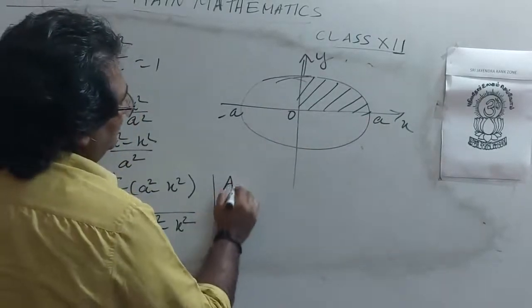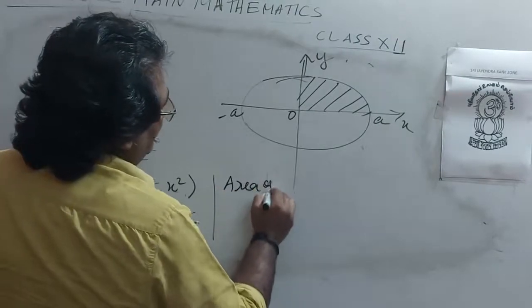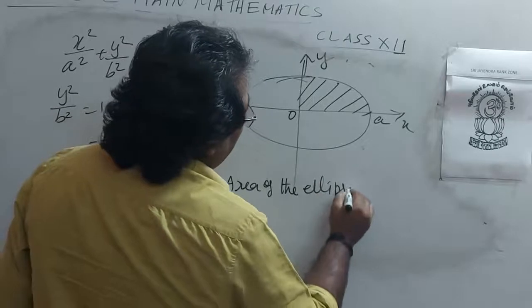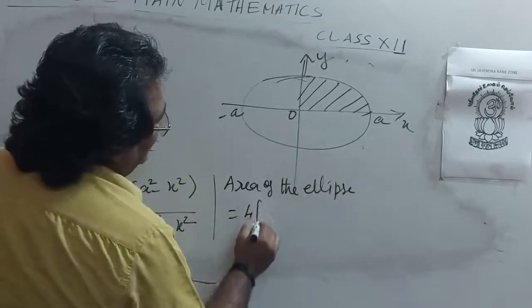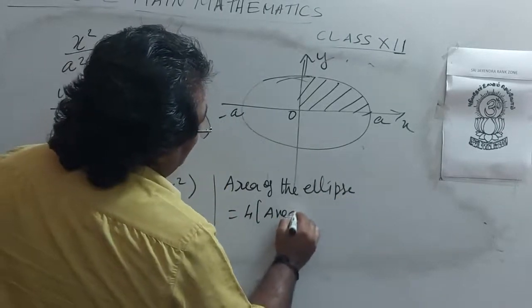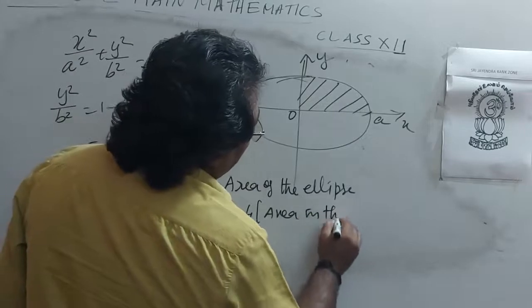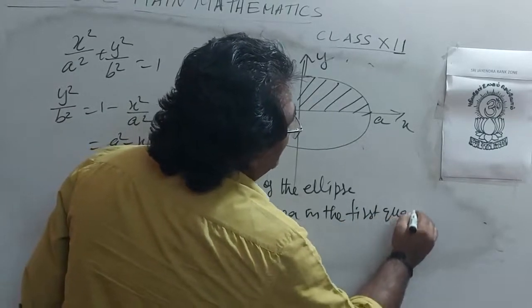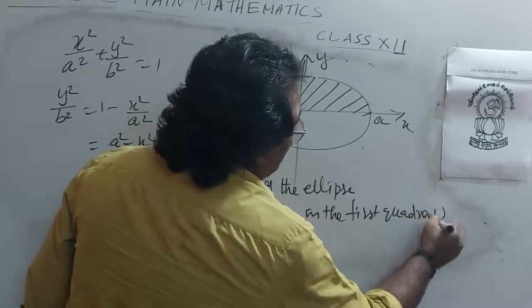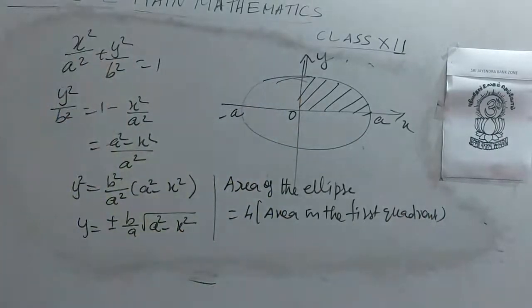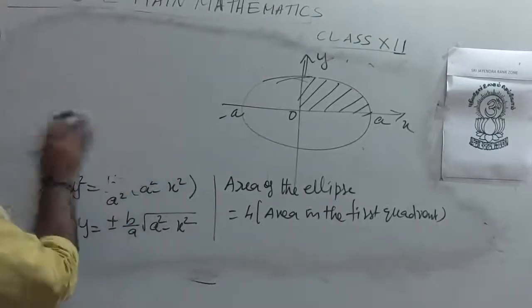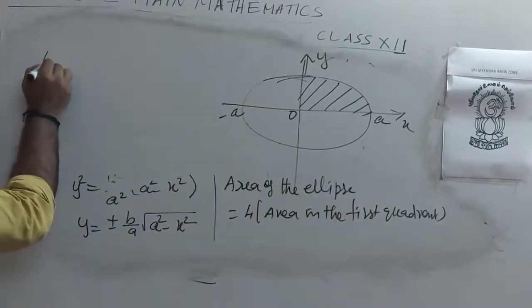So area of the ellipse equal to 4 times the area in the first quadrant.